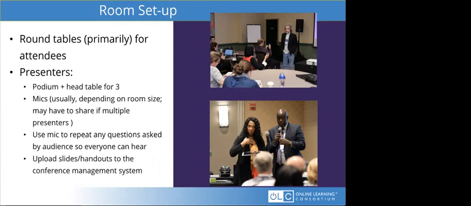Most of the rooms also have a podium and a head table for 3, so in the event that you have a panel or something like that, there is room for 4 people up at the front. Rooms usually have microphones. It depends on the room size. If it's a small room, then it might not be necessary, but typically there will be a mic, and if you have multiple presenters, please anticipate that you may need to share microphones.